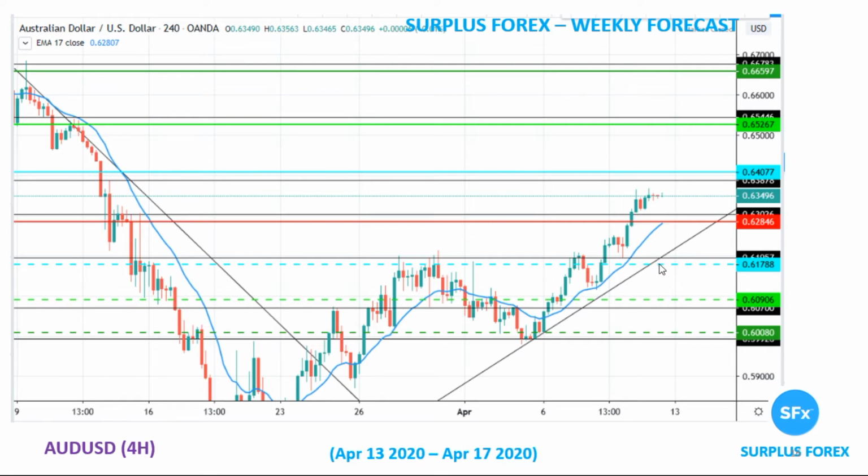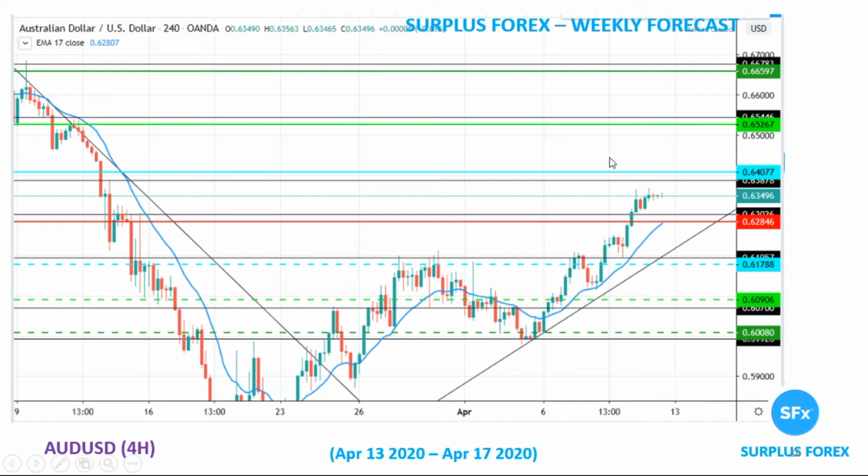But if it falls further and makes a test close to 61.95 here, then I'll make my entry at 61.78, keeping the target at 60.90 and second target at 60.08. So I'm still open both ways on Aussie USD as I am on GBPUSD.